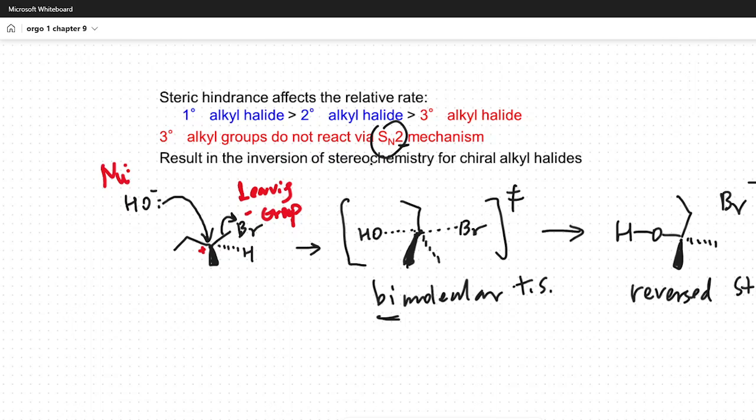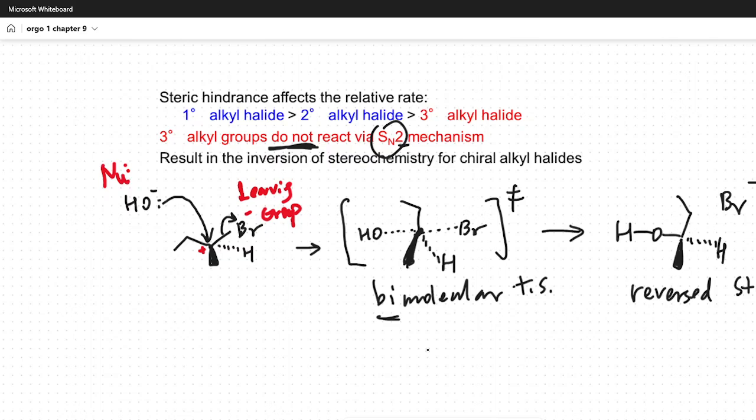Now, you can probably imagine, in this case, this center carbon is partially attached to both the nucleophile and the leaving group at the same time in the transition state. So the steric issue is going to be very big. And that's the reason why a primary or secondary halide is much better than a tertiary alkyl halide in this reaction. Or in other words, a tertiary halide does not react via SN2 at all.